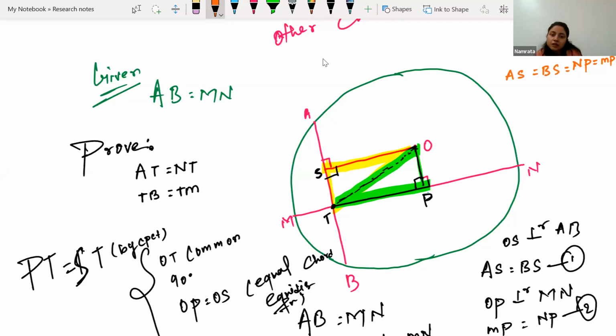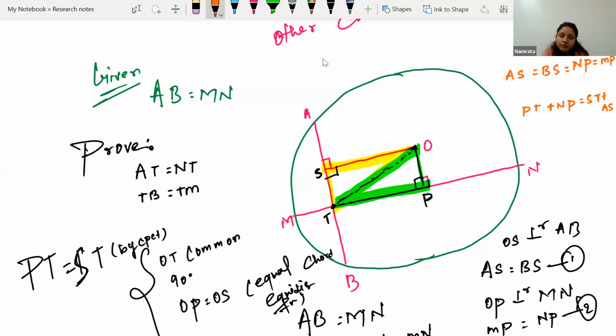Now let's see what can be done over here. So can we say PT plus NP is equal to ST plus AS?